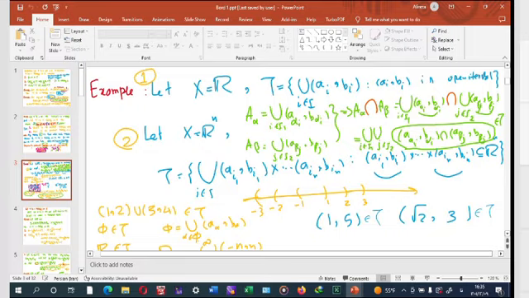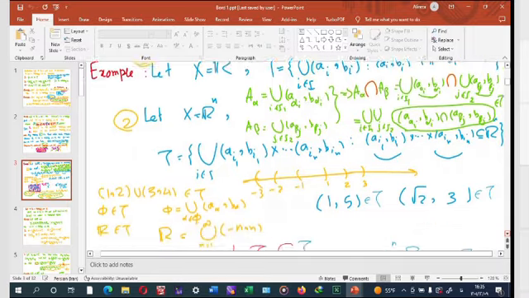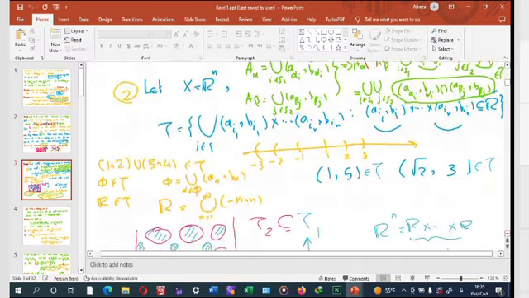The proof of this is very easy. I write this for you. It is very clear that the empty set is an element of tau and R belongs to tau, because we can write the empty set equal to this union, the union of intervals where alpha belongs to the empty set, and the whole of R equal to the union of these intervals: minus n, n; minus 1, 1, union minus 2, 2, minus 3, 3.